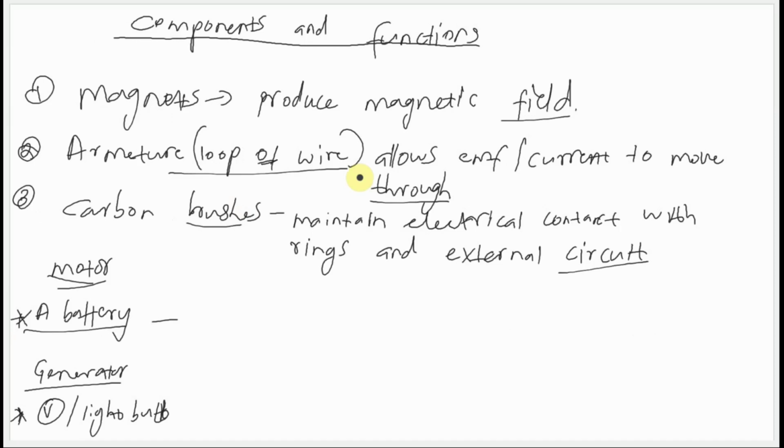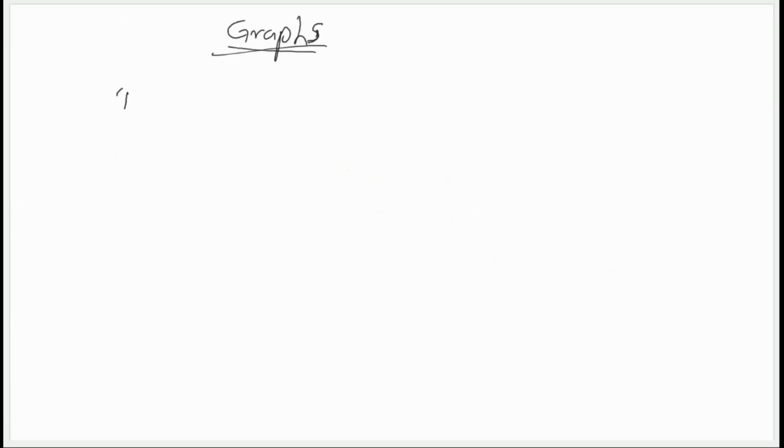Okay. So remember, I've been talking about graphs and graphs and graphs. Okay, so now we can have some graphs to show and differentiate between a DC and AC current. So for DC, the graph will look like this. So you will have a graph which has a vertical axis and a horizontal axis.